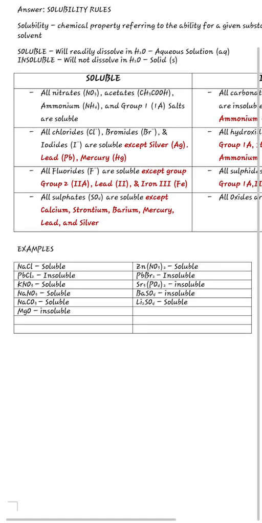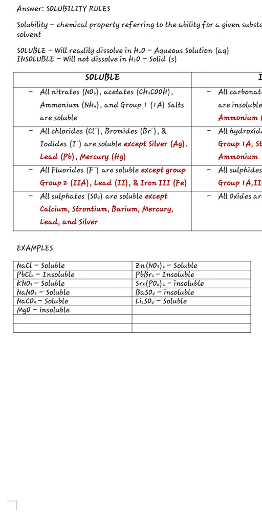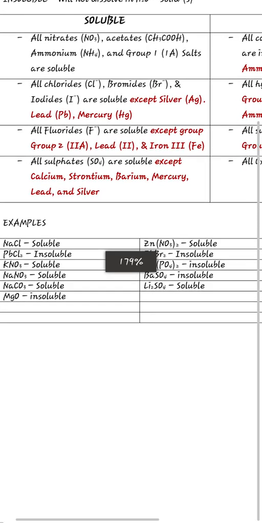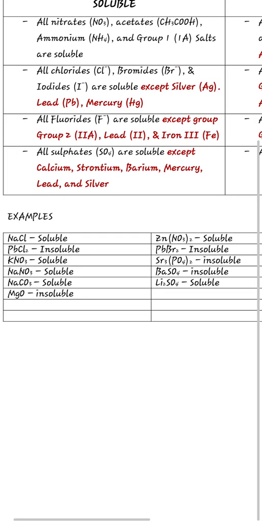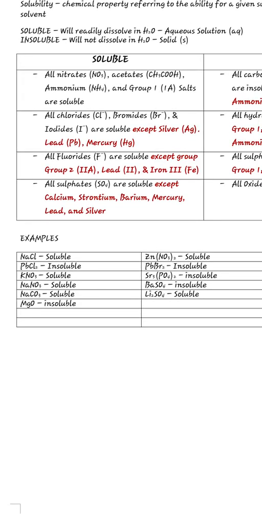We also have potassium and nitrate: soluble. These are examples of how you can tell if a compound is soluble or insoluble. Just always remember that you can find it if you know the rules, like this one.